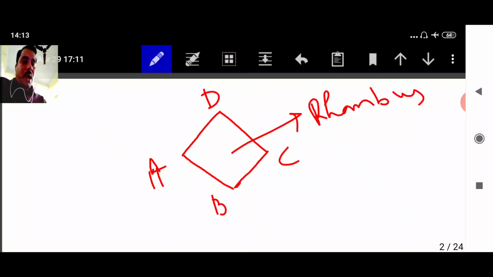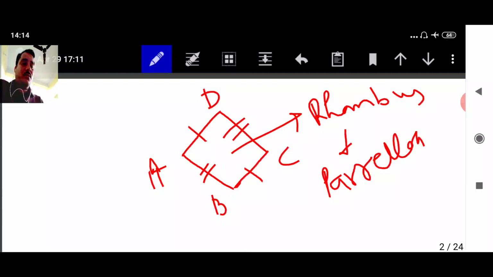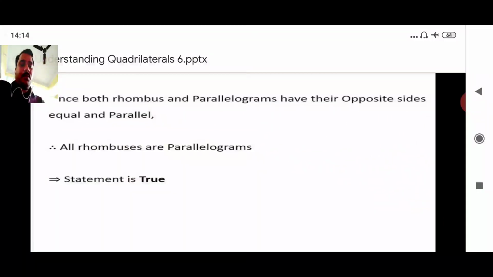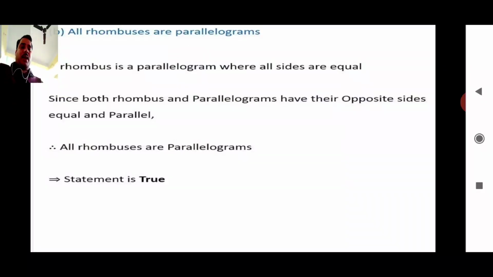In a parallelogram opposite sides are parallel and equal. We also know that in a rhombus this side equals this side and this side equals this side. So opposite sides are equal and these sides will also be parallel. So all rhombus are parallelogram. It is a true statement. We have already discussed that rhombus, rectangle and squares belong to the parallelogram family.